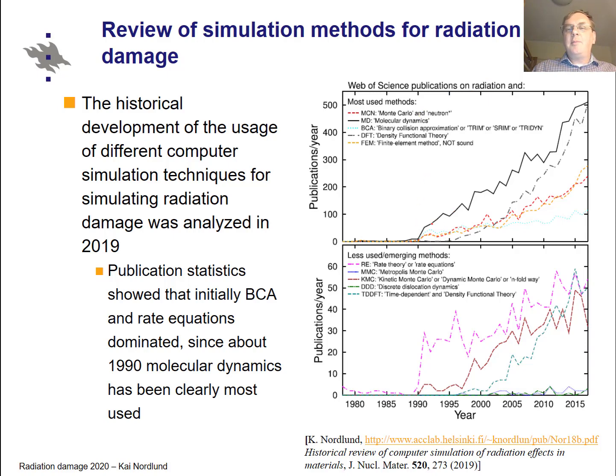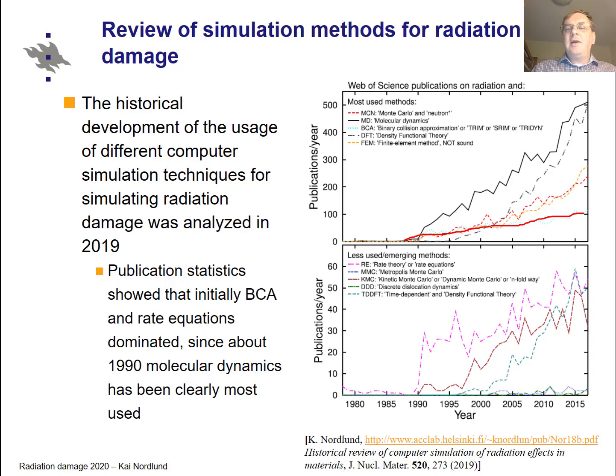This upper plot shows the 5 most used simulation methods with respect to radiation. Taking them in order, this blue graph down here is the binary collision approximation method. If you look closely, you see that around 1990 it was more or less the most dominant method, but since then its use has been increasing, but much less rapidly than the other methods.